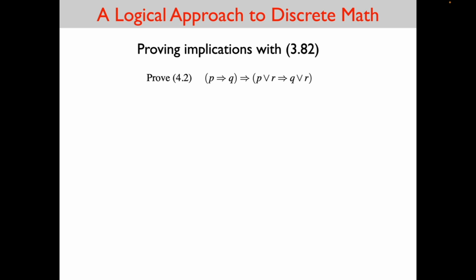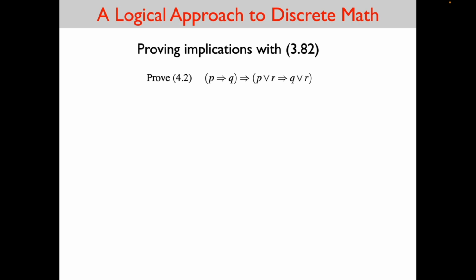That P implies Q implies P or R implies Q or R. So the antecedent is P implies Q, and the consequent is P or R implies Q or R. So now there's two ways to do this. We could either start with P implies Q, the antecedent, and get it to imply the consequent, P or R implies Q or R. Or we could start with the consequent, P or R implies Q or R, and get it to follow from the antecedent, P implies Q.